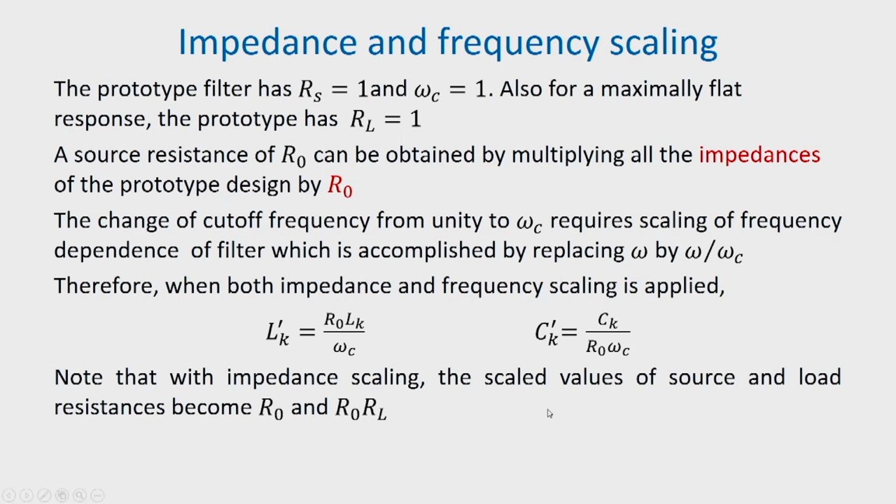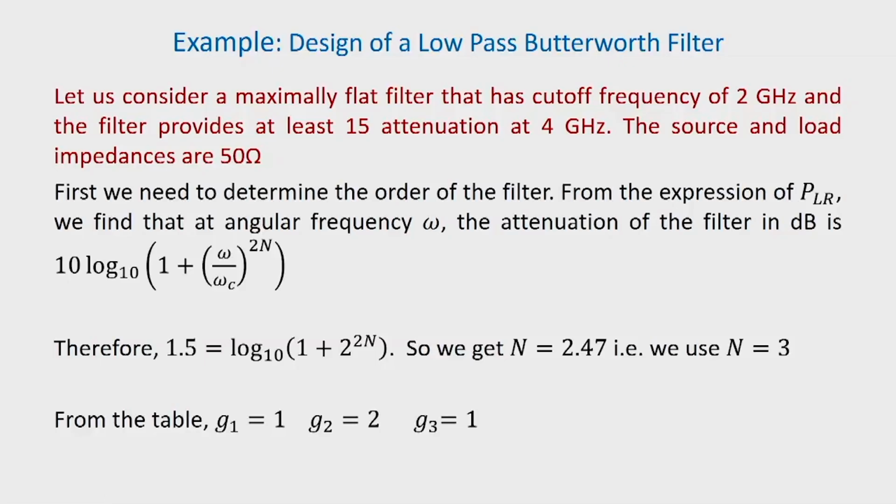So, let us see how we utilize these concepts in designing a low pass filter, and that will actually clarify whatever we have discussed so far. We consider the example of design of a low pass Butterworth filter.